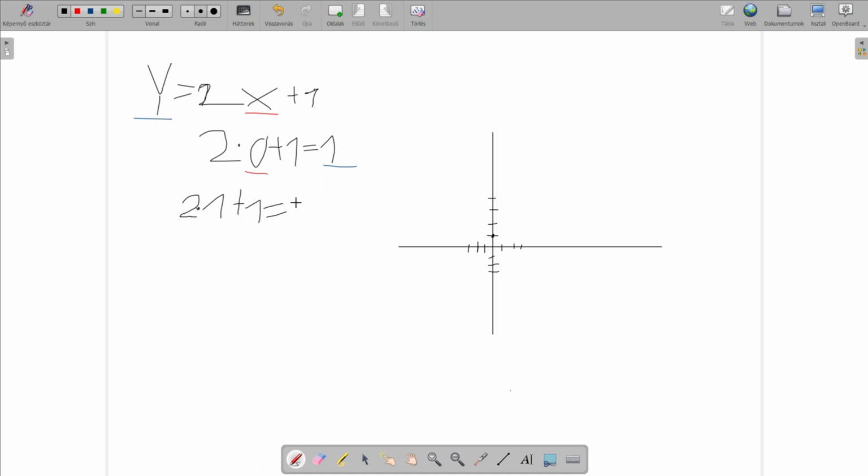Equals 2 times 1, that's 2, plus 1 is 3. Once again, there we go. We put in 1, and we get out 3. So we put in 1 and we get out 3, that will be right here.